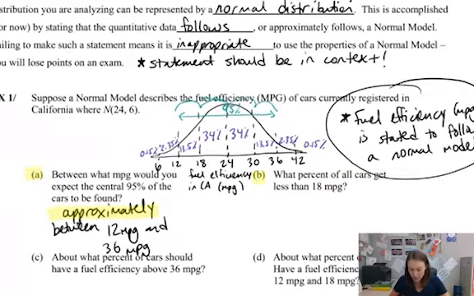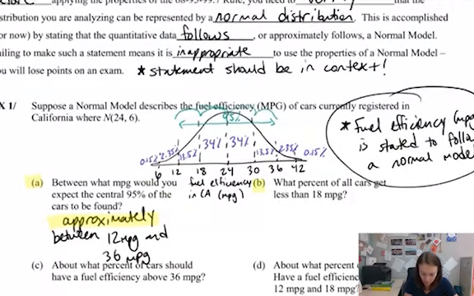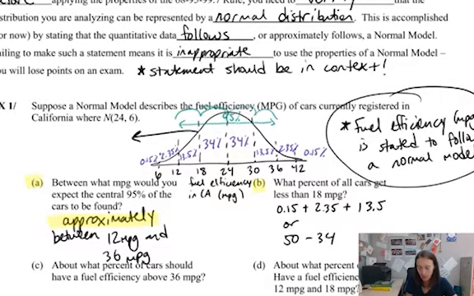All right, and then part B, what percent of all cars get less than 18 miles per gallon? So there's a couple ways you can do this. If we're using all those small values, we can simply add them up. We could do 0.15 plus 2.35 plus 13.5 as anything less than 18, or we could do 50% minus 34%.